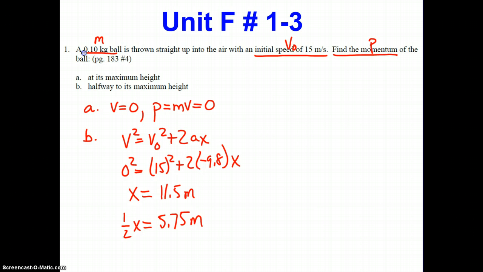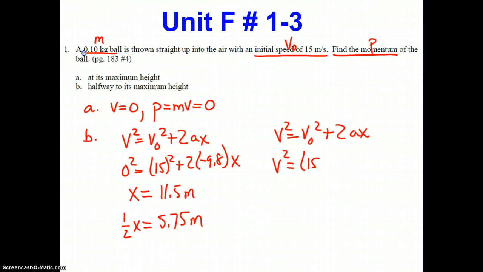Now here we have choices. We could use conservation of energy to find the velocity at the halfway height, which is what we need, or we could use the kinematics equation again. We'll just go ahead and use kinematics. V squared equals v0 squared plus 2ax, and what we're looking for is the v value at the halfway spot.